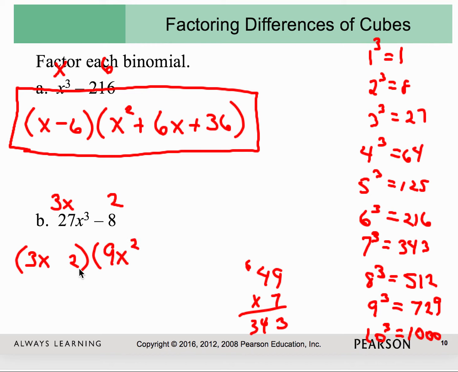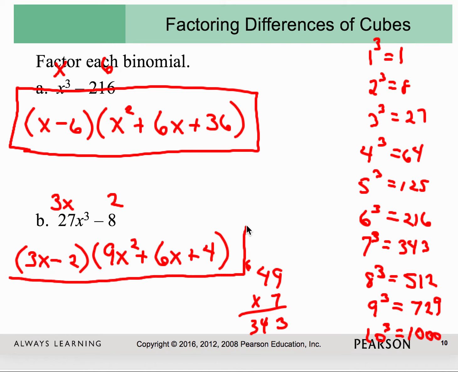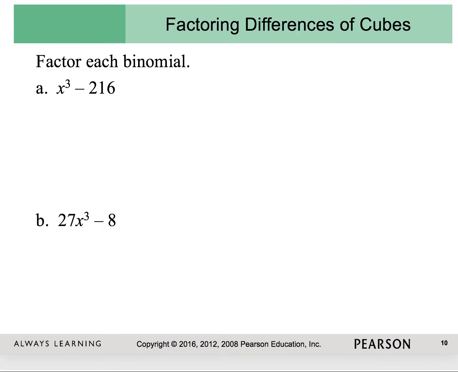This times this, 6x. This times this, 4. So same, opposite, always positive. I just have to memorize this, guys. Memorize it over and over and over until you have it memorized.